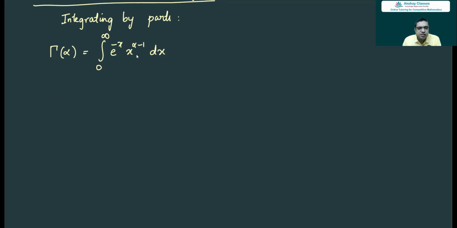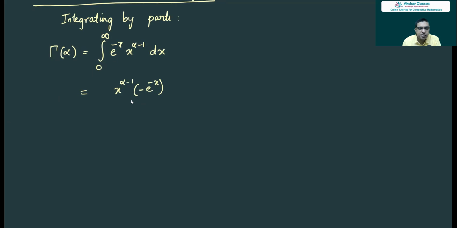Now, this is algebraic, this is exponential. So which is the first function? The algebraic one will be the first function. So first function into integral of the second. Integral of e power minus x is e power minus x upon minus 1.